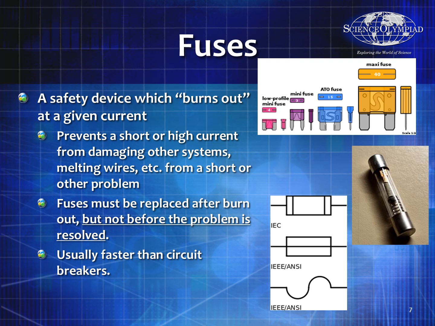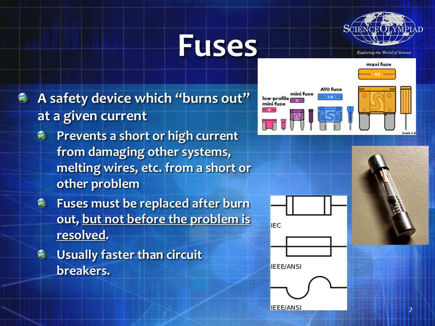Okay, and so what will happen is that when that fuse burns out, it opens the circuit and it stops whatever type of overcurrent situation you had going on. So this will prevent a short or a high current from damaging other systems, melting wires, causing a fire, etc.